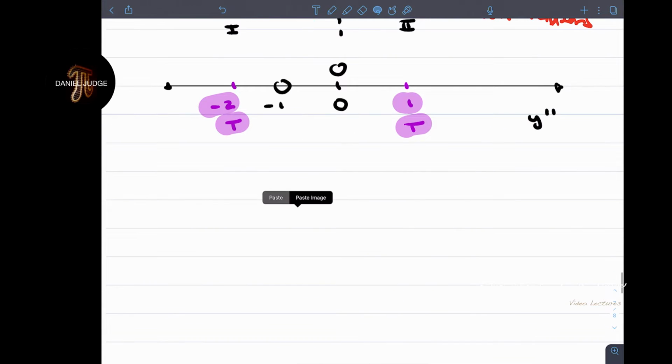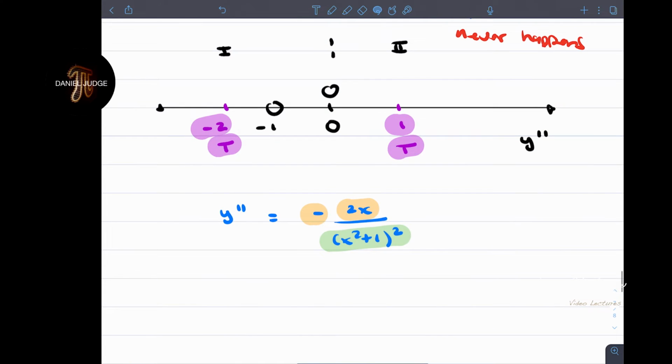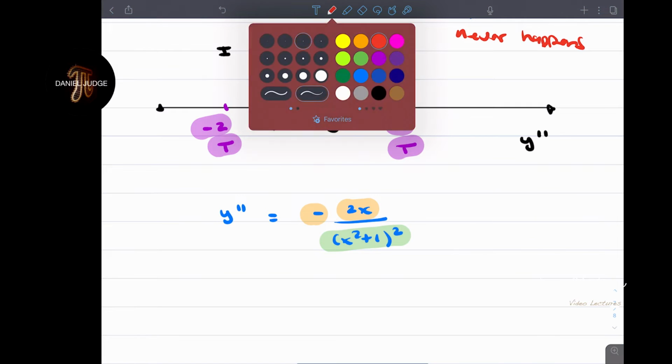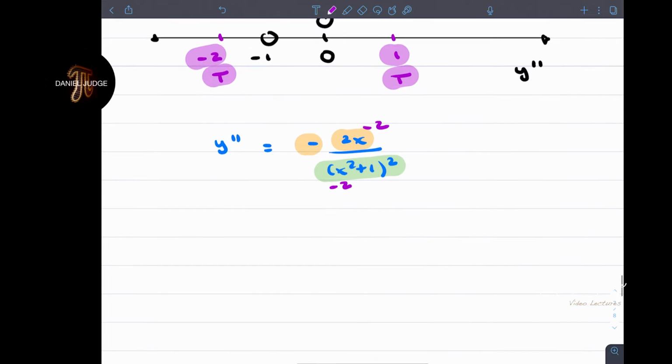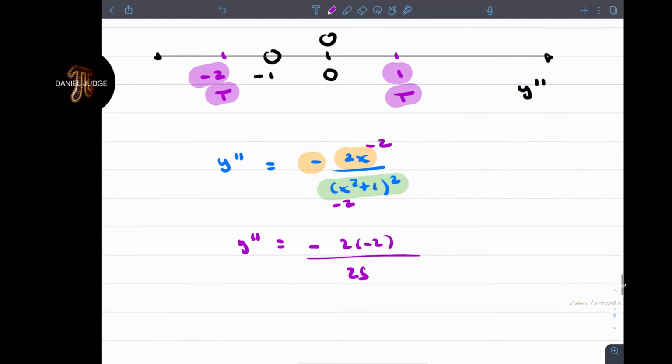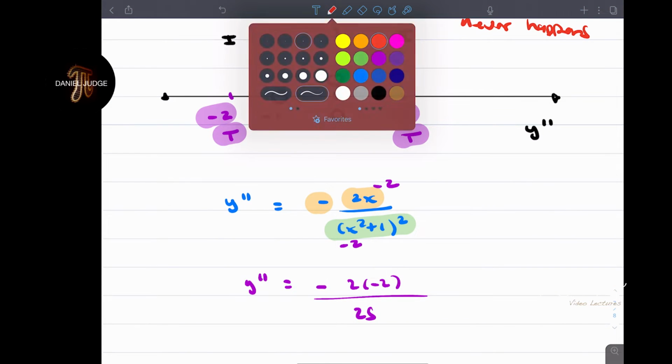All right. So for region 1, let's try -2 there. Plug in a -2. Y double prime will be -2 times -2 over, that's going to be 4 plus 1, that's 5 squared, that's 25. And negative times negative is positive. So region 1 is positive.